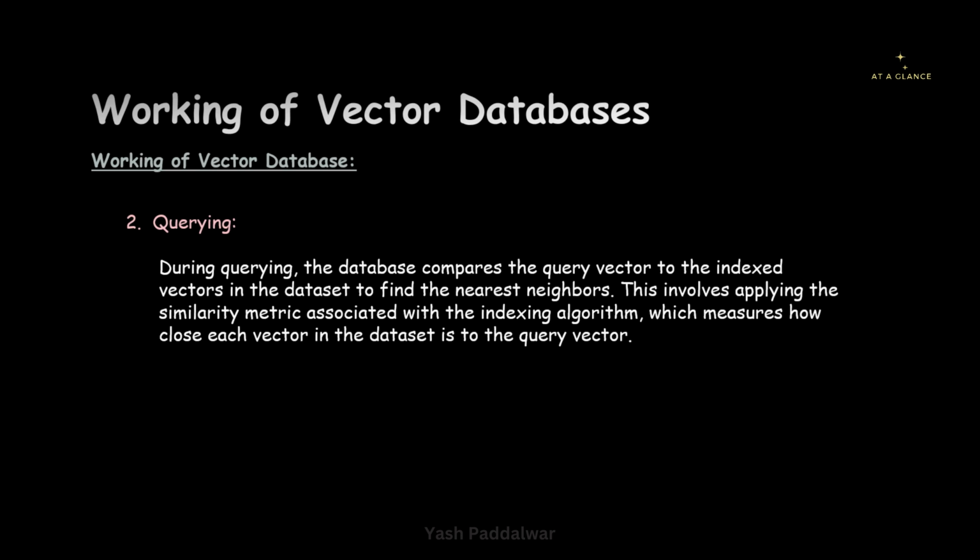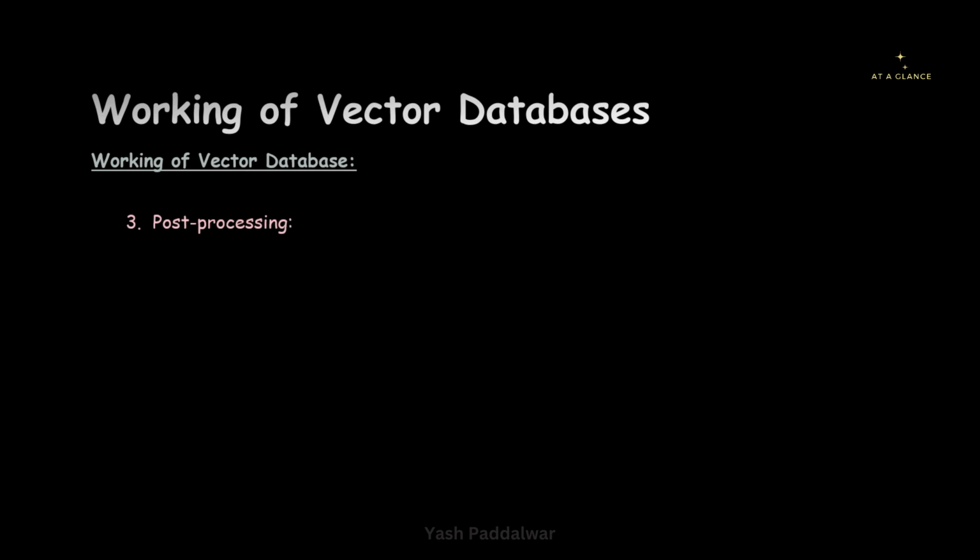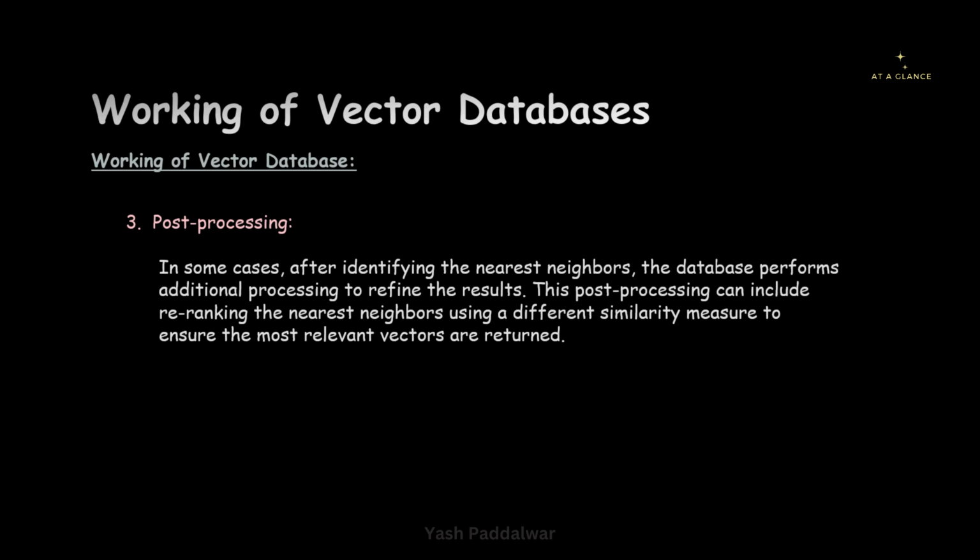Now that we have got some closest chunks relevant to the query vector, let's move on to the next stage of working, which is post-processing. Once we have got the relevant chunks, we perform post-processing on them.